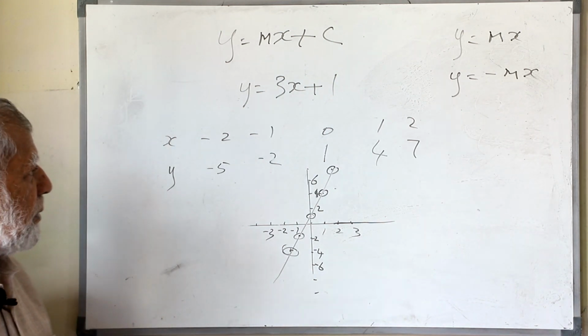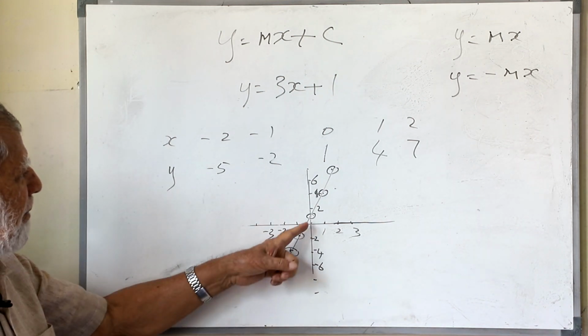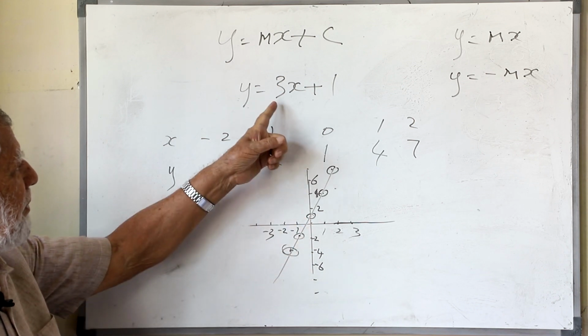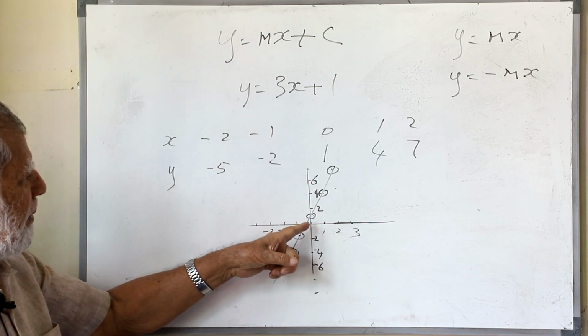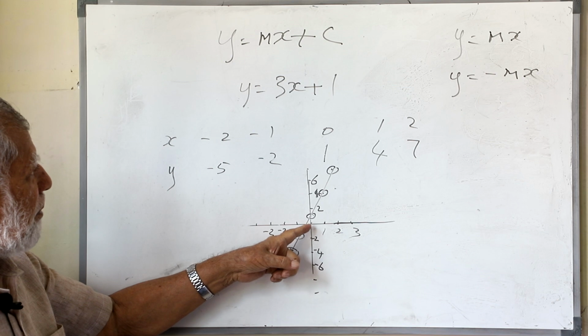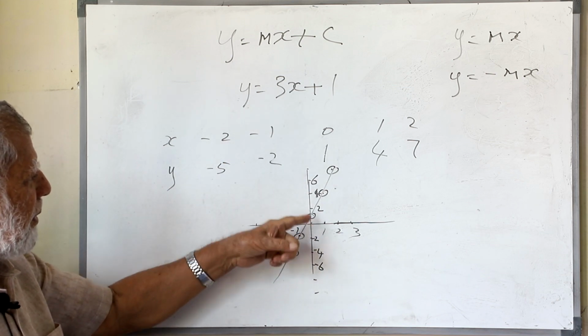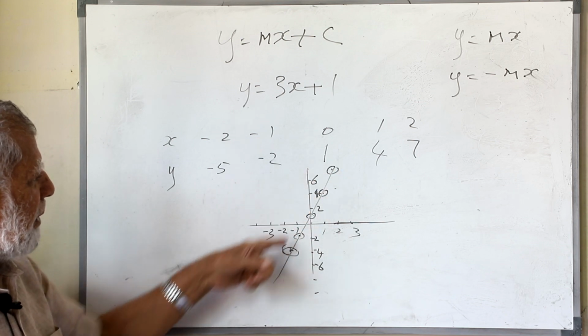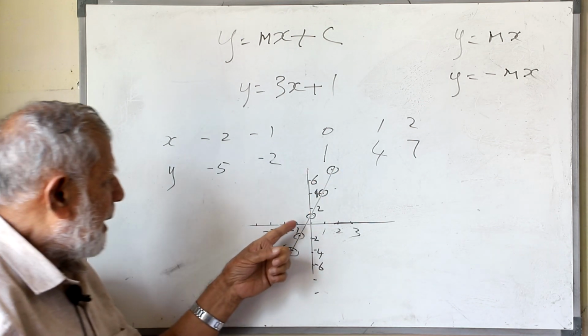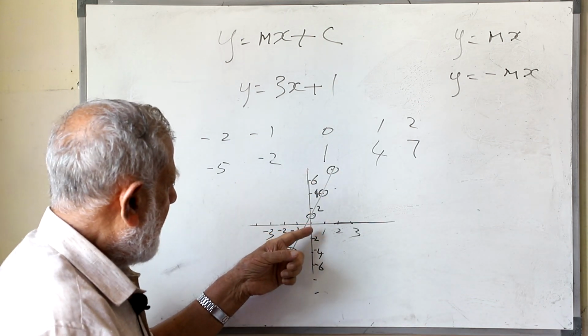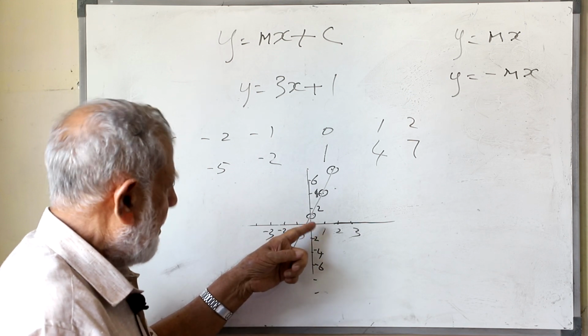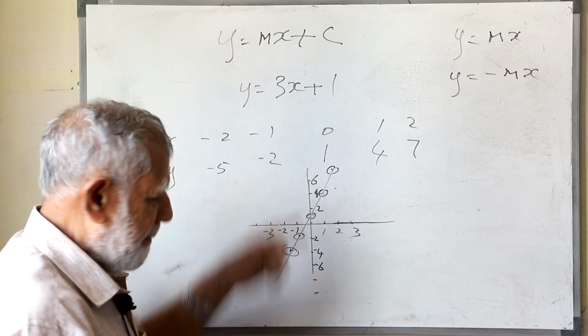This line is not going through 0, but it is going through 1 here because it is 3x plus 1. If it is only 3x then it will go through 0. But it is going through 1, this 1 along the y-axis.